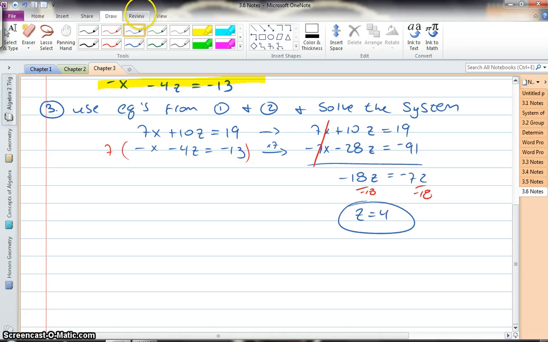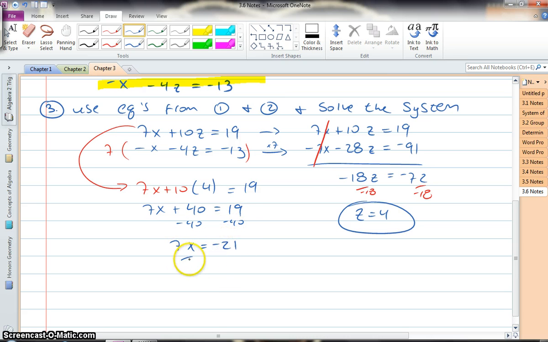I'm going to use the top equation: 7x plus 10 times z equals 19. I'm sorry, z is 4. So 7x plus 40 equals 19. So 7x equals negative 21. Divide by 7, and x equals negative 3.